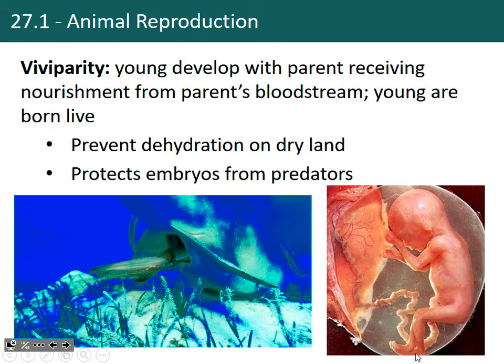If you're a land animal, this prevents dehydration, so you don't have to worry about your eggs drying out because they are carried inside the aqueous environment of the parent's body. They're kept safe as long as the parent isn't encumbered by carrying the offspring to the point of being super vulnerable to predators. In fish and these sharks, it's protecting those embryos from predators and making sure that they get all the nourishment that they need.